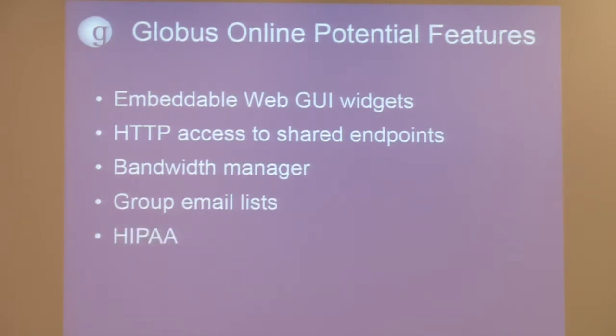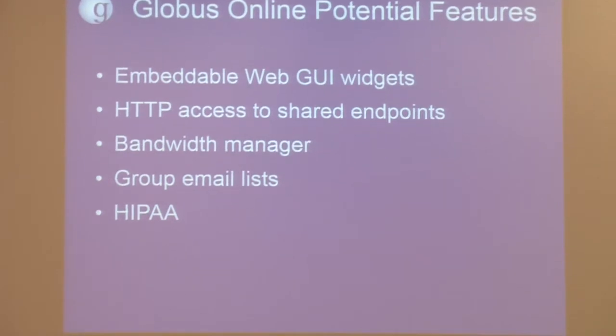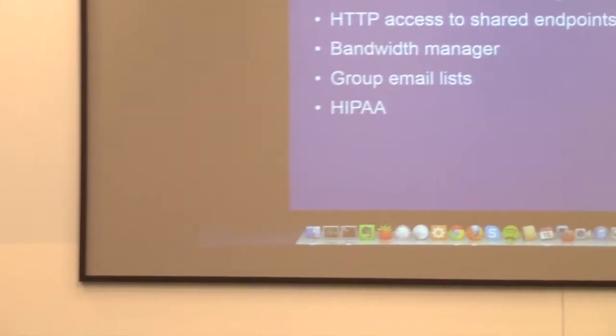Okay, next up, HIPAA. Right. So this question has come up a couple of times. Are we HIPAA compliant at the moment? Well, no. We move data from A to B, as you know, and A to B can both be HIPAA compliant data centers, but we ourselves, the services that we operate, run on Amazon, and they're certainly very well designed, have been security reviewed, but are not themselves HIPAA compliant.